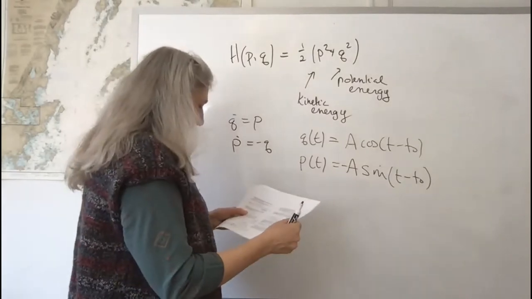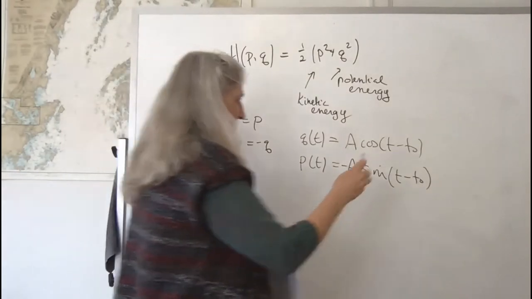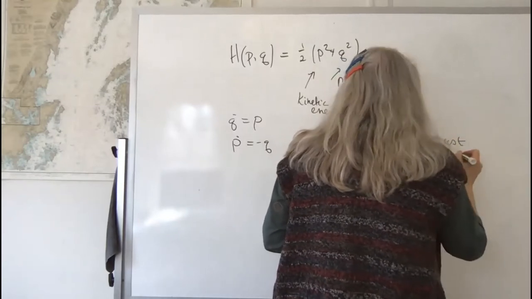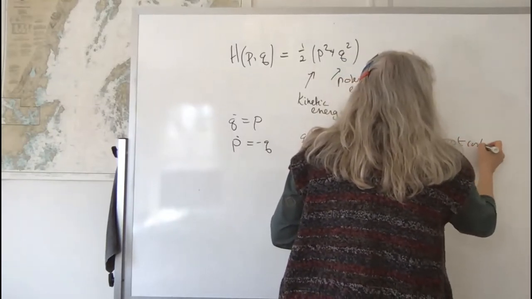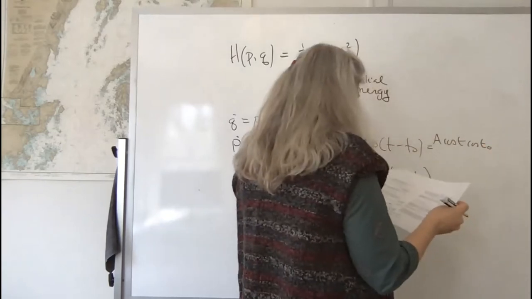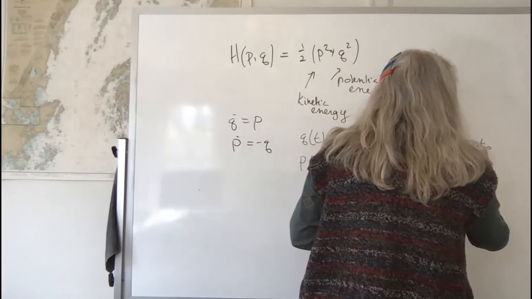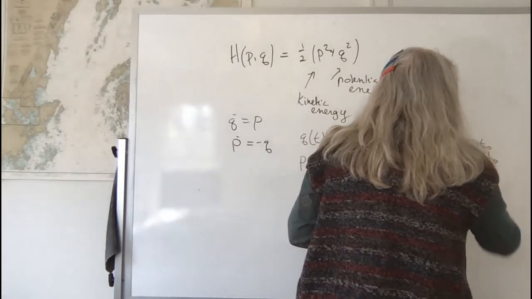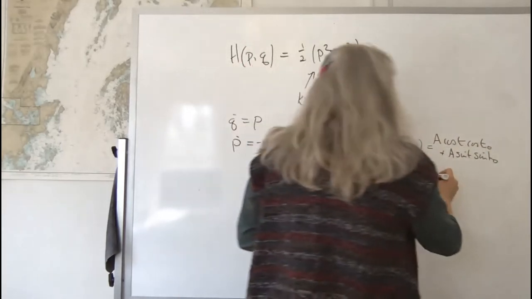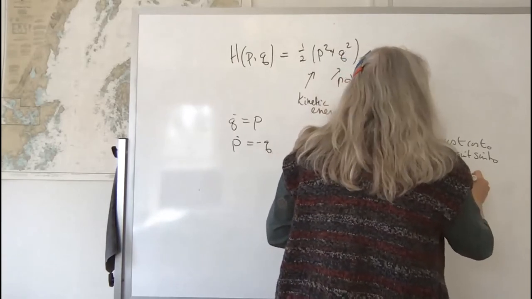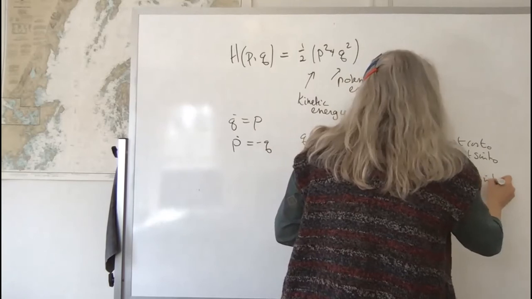I can expand this out. This is A cosine of T times cosine of T0 plus A sine of T sine of T0. And this is minus A cosine of T sine of T0.